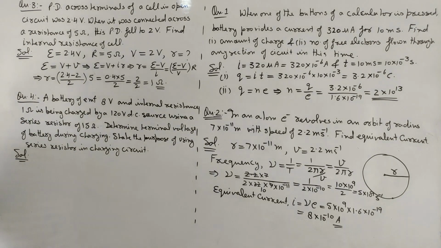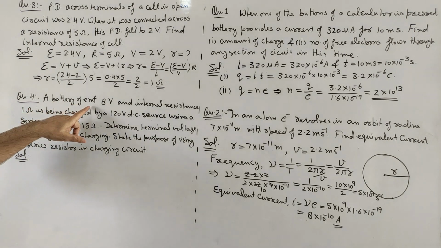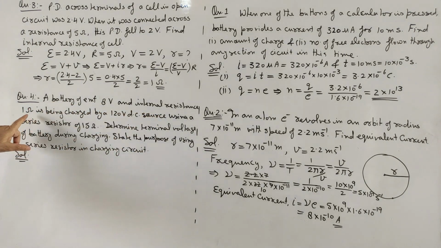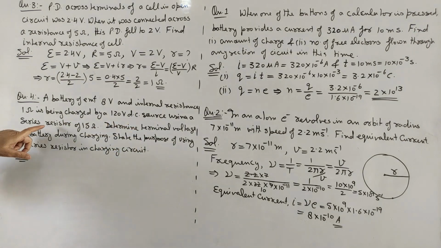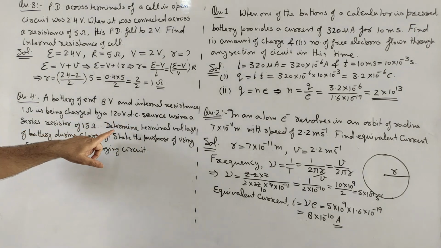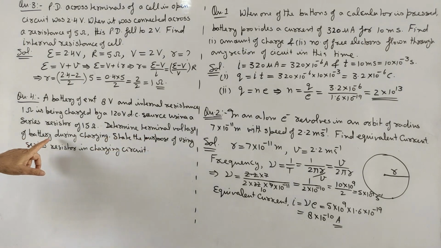Now we come to the next question, and the next question states: a battery of EMF 8 volt and internal resistance 1 ohm is being charged by a 120 volt DC source using a series resistor of 15 ohm. We have to determine the terminal voltage of the battery during charging, and we have to state the purpose of using a series resistor in the charging circuit.